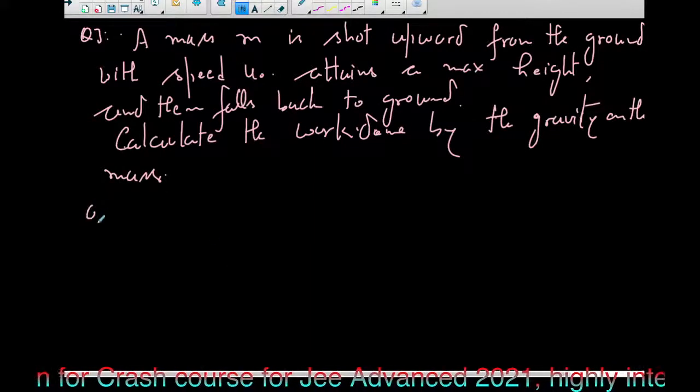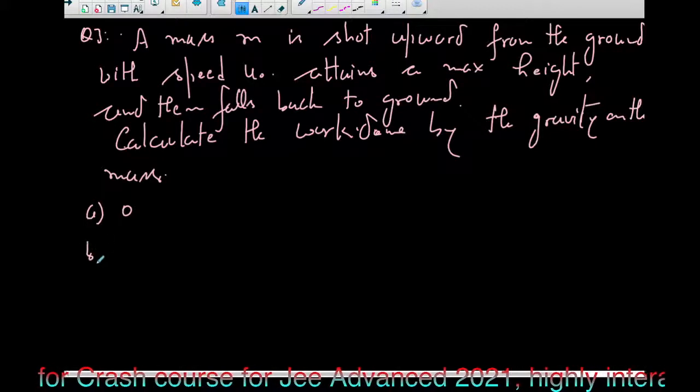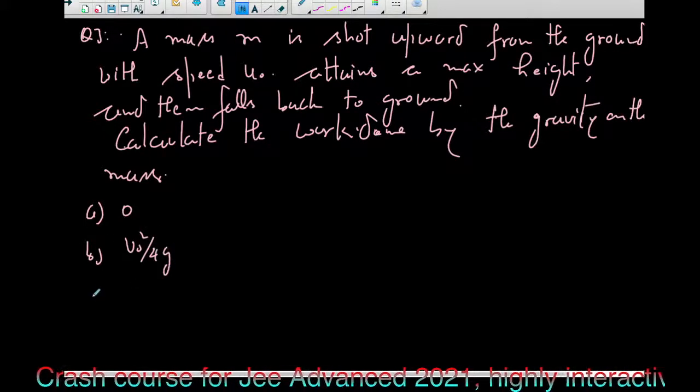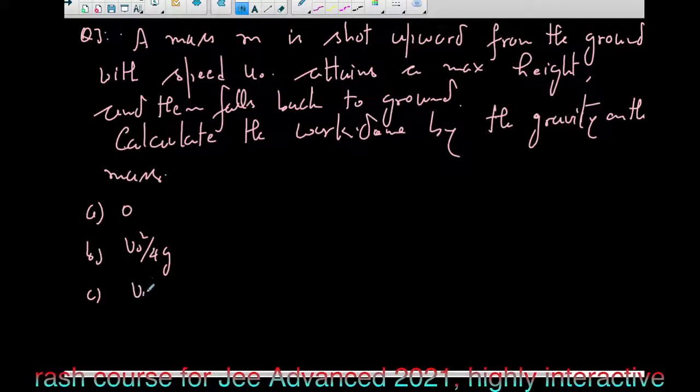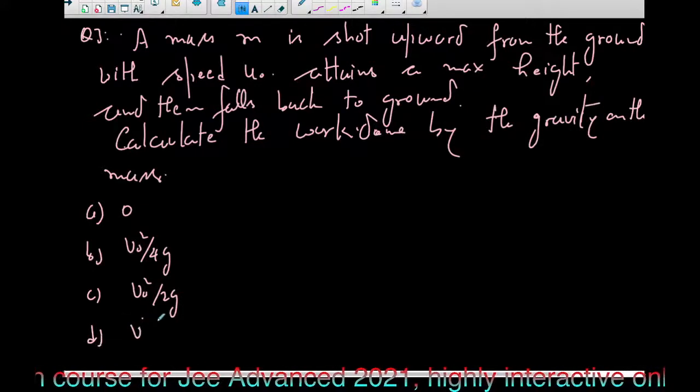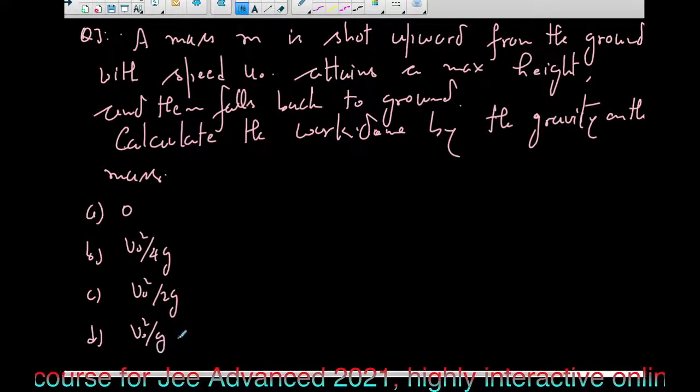Options. A option is 0. B option is v naught square upon 4g. C option is v naught square upon 2g. And D option is v naught square upon g.